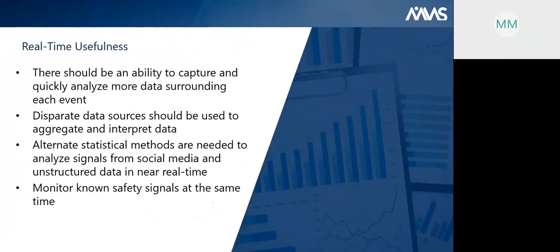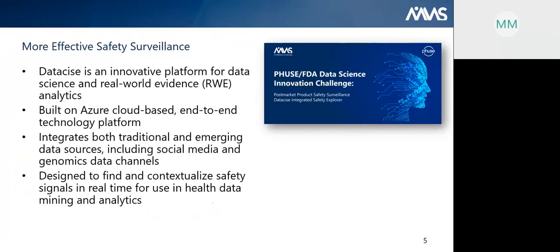And also, we believe that alternate statistical methods are needed to identify and analyze new signals from social media and unstructured data in near real time. And Eric will explain how we addressed the above-mentioned tasks at MMS.